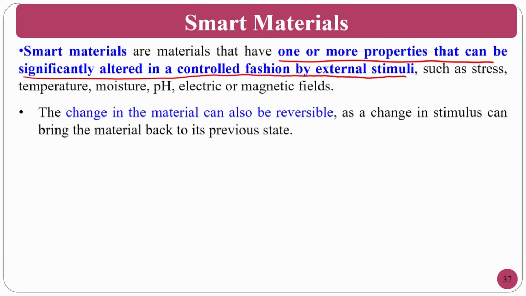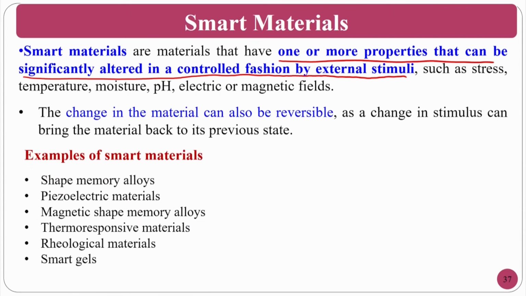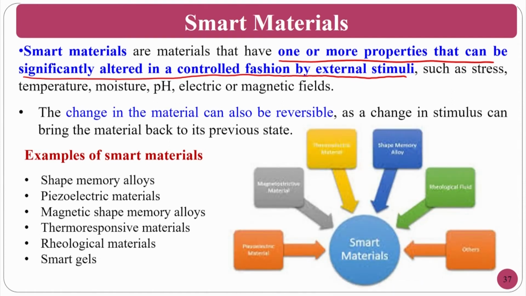If somebody wants to study what smart materials are, you can go through some videos or refer to some books. The examples are normally shape memory, piezoelectric, magnetic shape memory; many materials are there, and you can also see the same thing here.